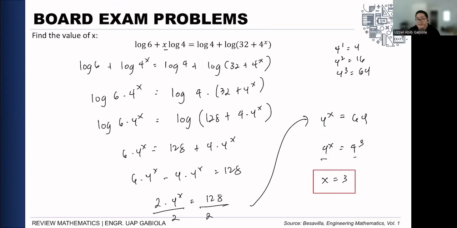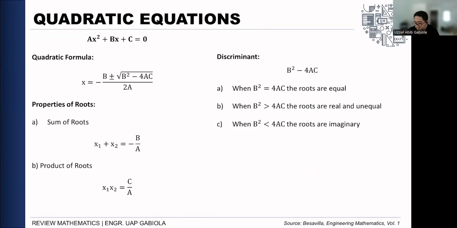Okay? Next. Quadratic equations tayo. So sa quadratic equation, we say an equation is quadratic kapag yung highest order or highest power ng ating variable is equals to 2, no? So ito yung general form or standard form ng quadratic equation, no? ax squared plus bx plus c.